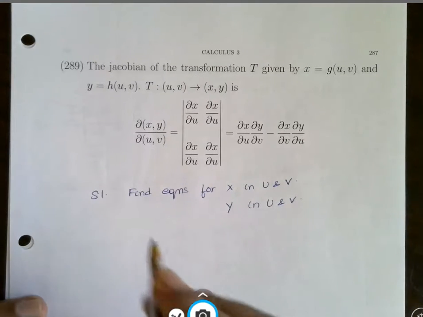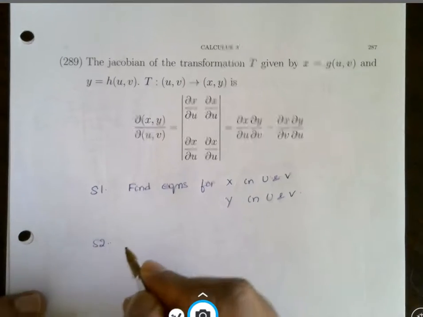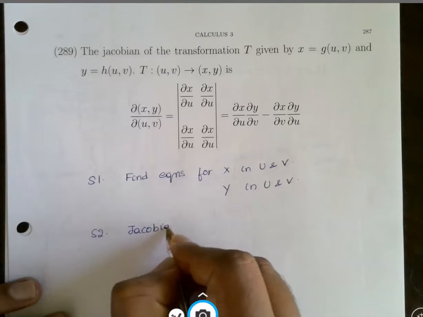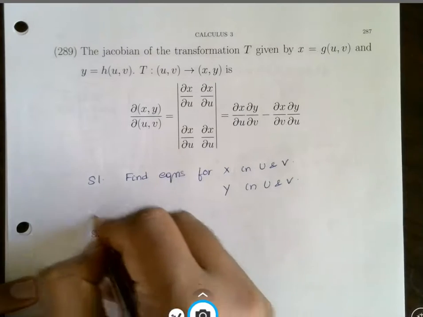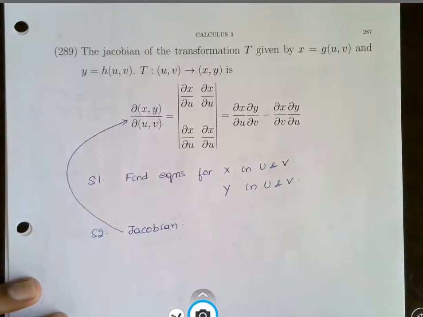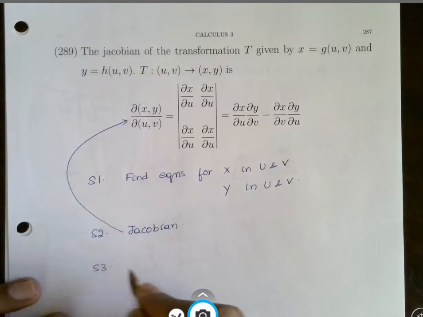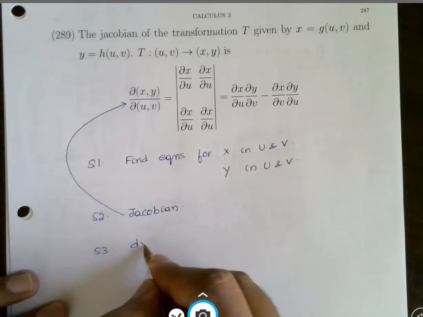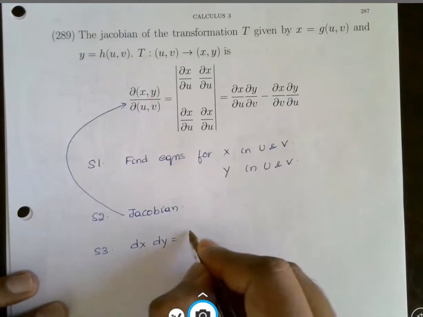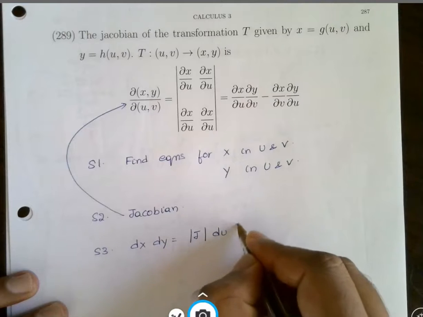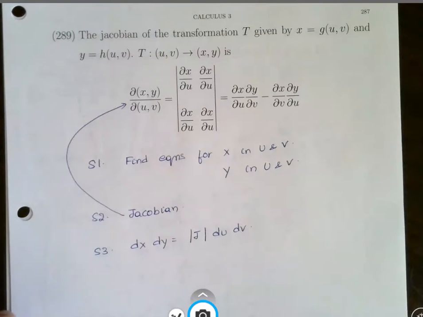Step two is to find the Jacobian, which is just the determinant of a matrix. Step three, you write dx dy as the absolute value of the Jacobian times du dv. That's one way you want to go.